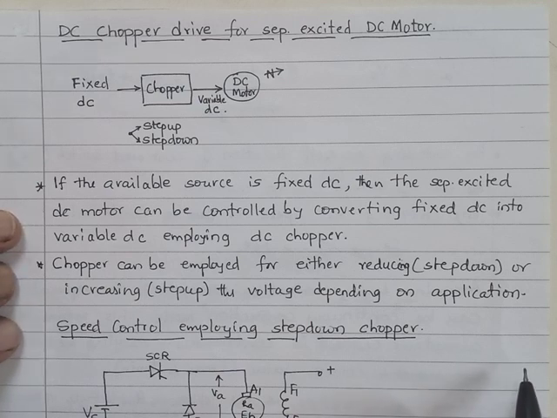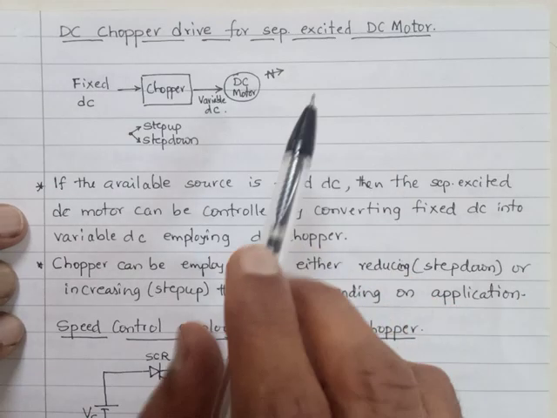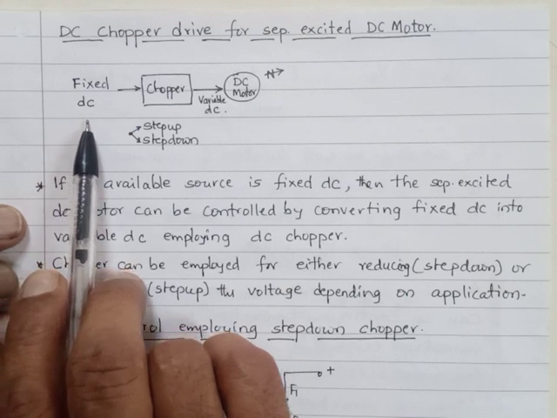Last class, we discussed about three-phase drive. Today, we will look at the control of a separately excited DC motor using DC chopper. This need arises when the input available is fixed DC.